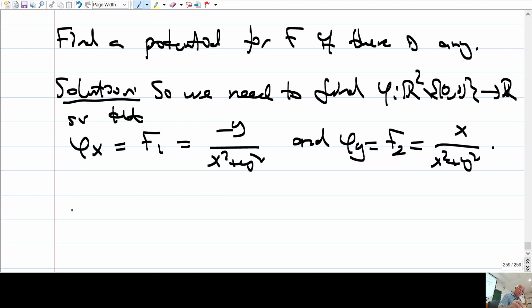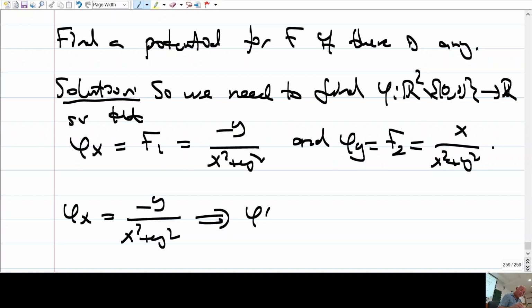What is phi then? X derivative is this, right? X derivative is minus y over x squared plus y squared. What is phi x y then? Bu neyin türevine benziyor? Y kareyi dışarı alırsanız 1 bölü x kare eksi y kare olacak.